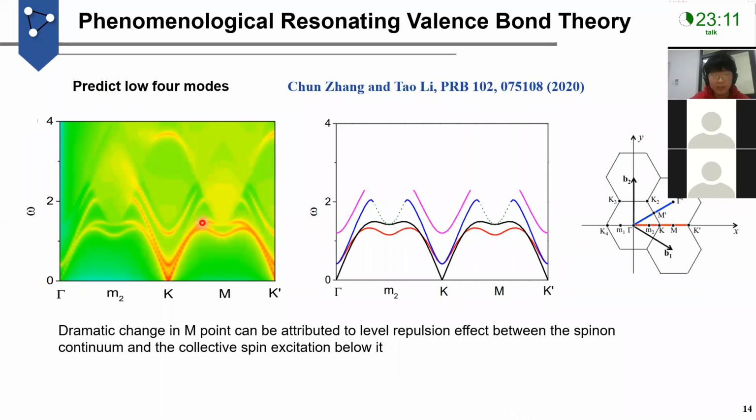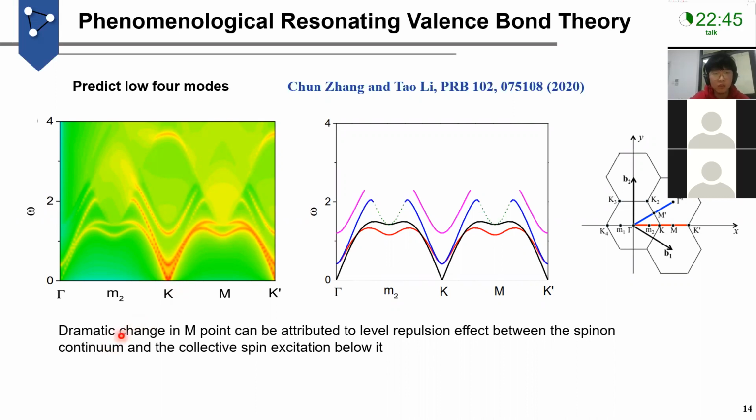They predict that around the endpoint there will be two magnon branches instead of the three magnon branches that can be observed by the experiment. And above this magnon branch there will be a broad two-spinon continuum. And around the K point they expect three magnon branches, and they also predict another sharp mode.